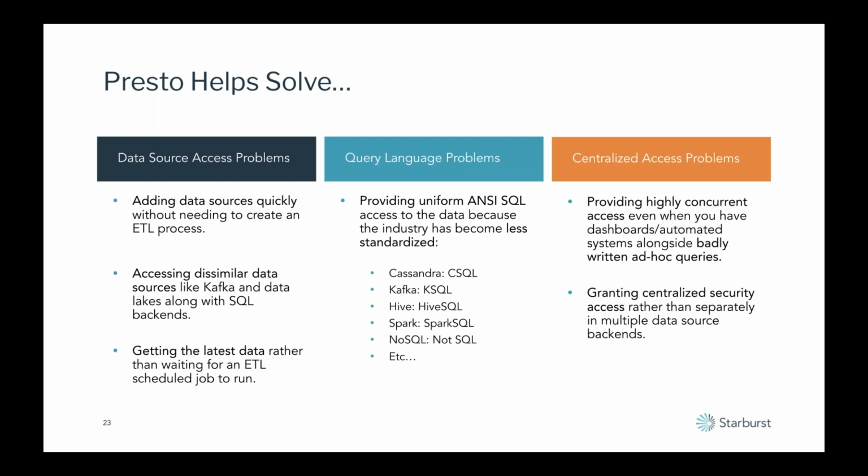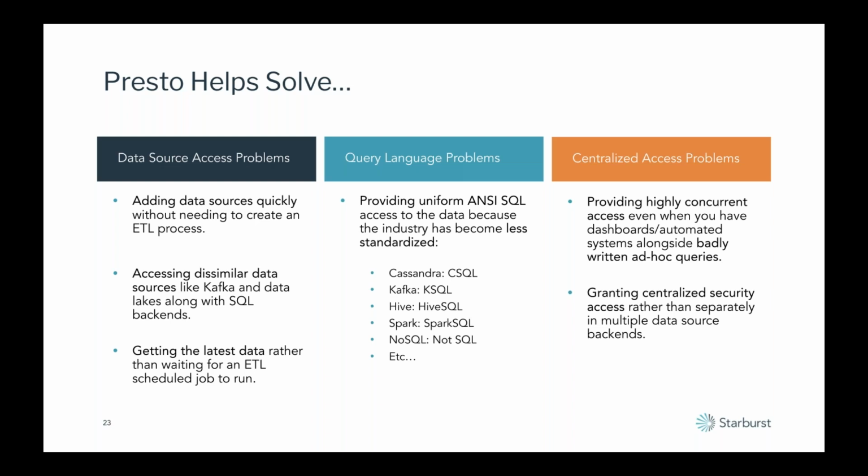And the last thing here is the centralized access problem, which really gives an ability to use the platform as a high concurrency, low latency engine, even in the cases where, for example, some of the tools and dashboards generate automated queries. And as we know, they may not be the most efficient queries generated. But Starburst has a lot of smarts in its cost-based optimizer, for example, that will fix these problems behind the scenes.